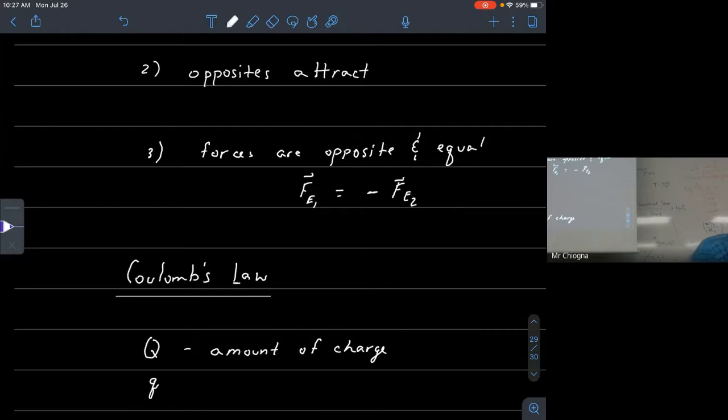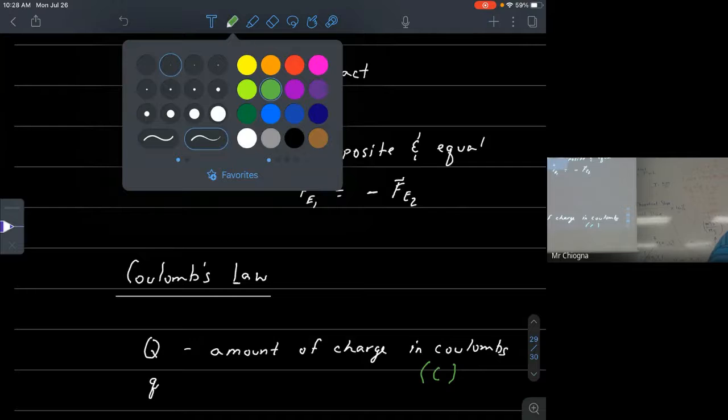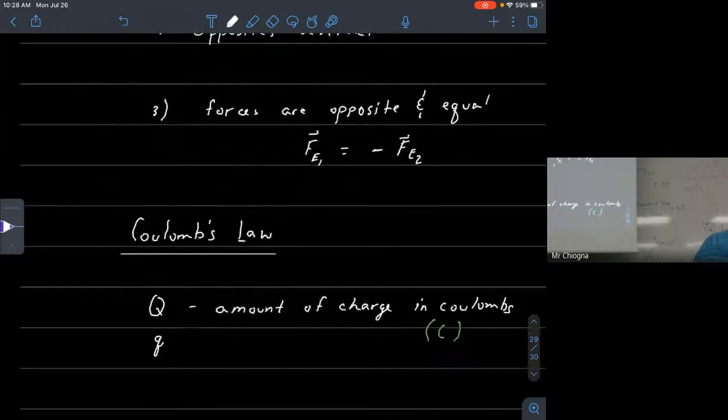And the unit we use is coulombs, big C. Just to give you an idea, e stands for what's called elementary charge.